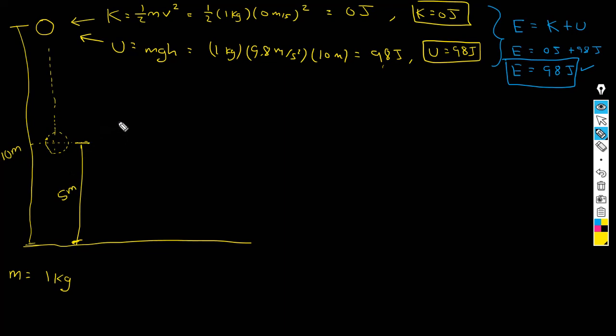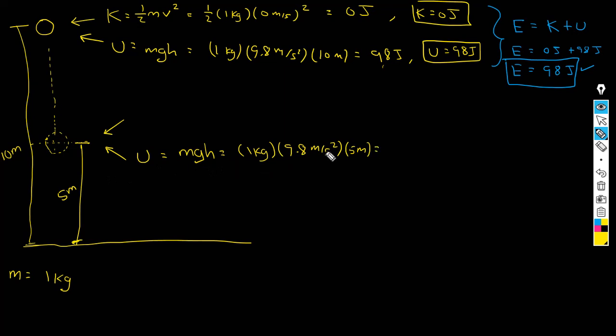And so we can calculate its potential energy at this new position. The potential energy will be, again, the mass times g times h. So let's do it. It's 1 kilogram for the mass, g is the same, and the new height is 5 meters.